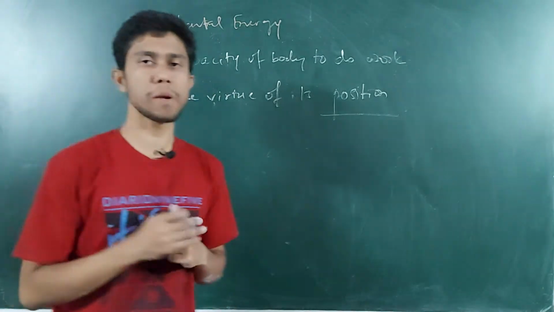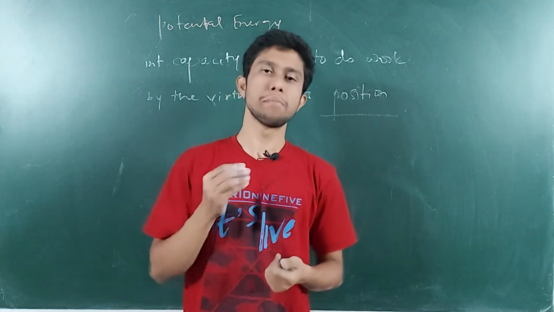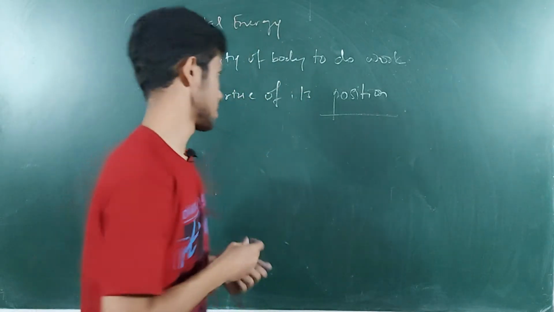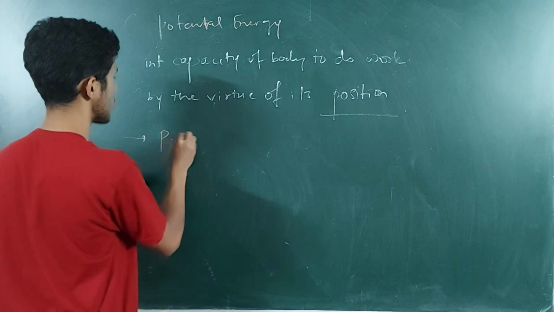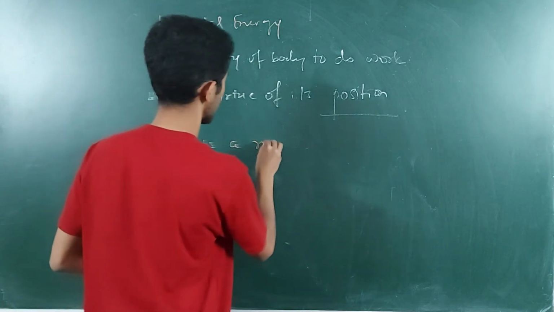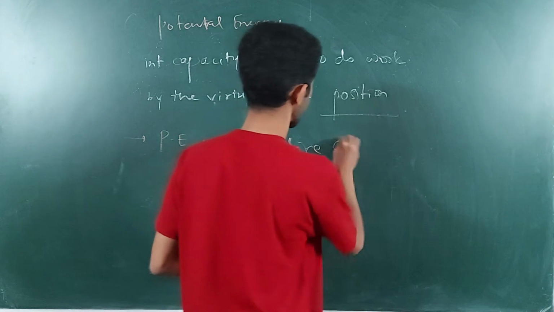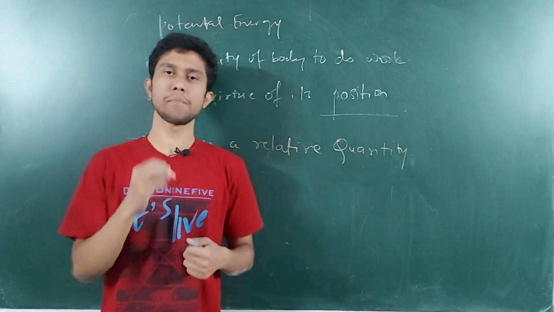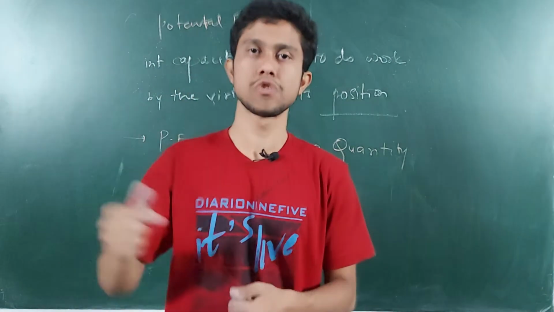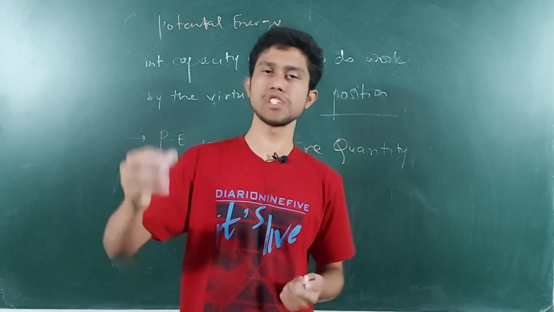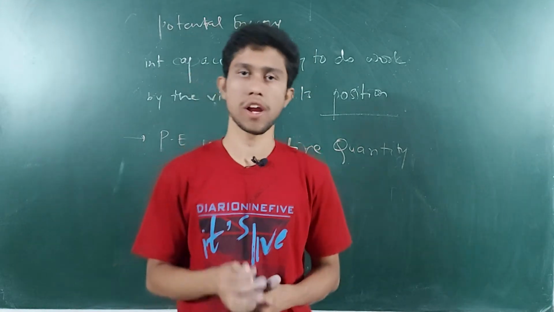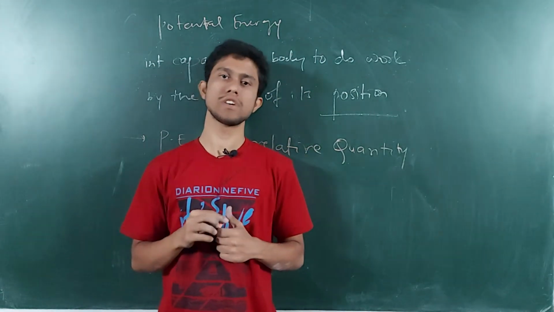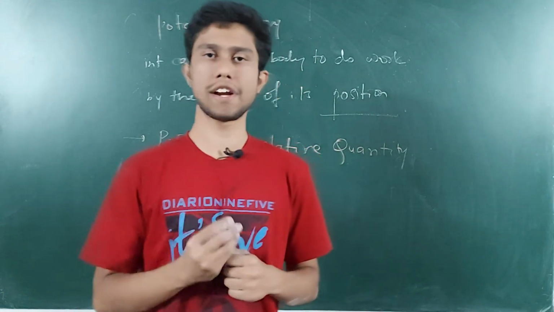The next most important point which I want to tell you is potential energy is a relative quantity. But kinetic energy isn't. So if I give you a situation and I ask you what is the potential energy of any particular body or object, the question is invalid, because potential energy is a relative quantity.